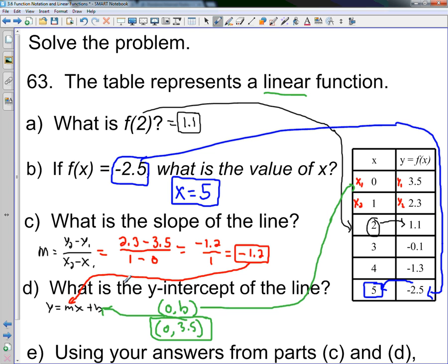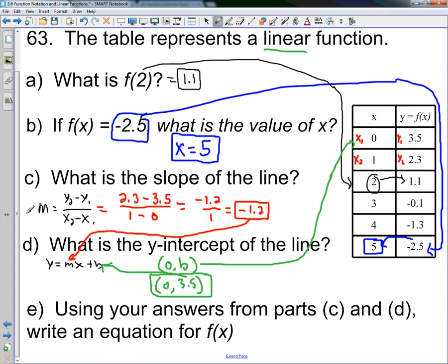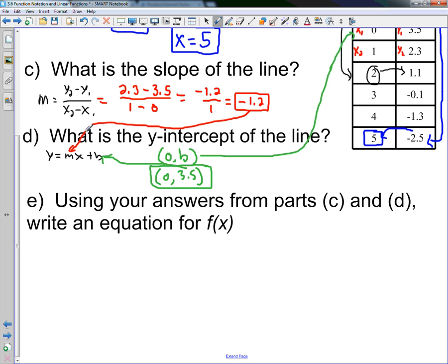Okay. So the last part, part E, is saying, now that you have the slope in part C, and now that we have the y-intercept in D, write the equation. I sort of started that process already up here. So I'm going to continue that by plugging in the m value, which is negative 1.2, times x, plus our b value, which we found was 3.5. So this is in y equals mx plus b.